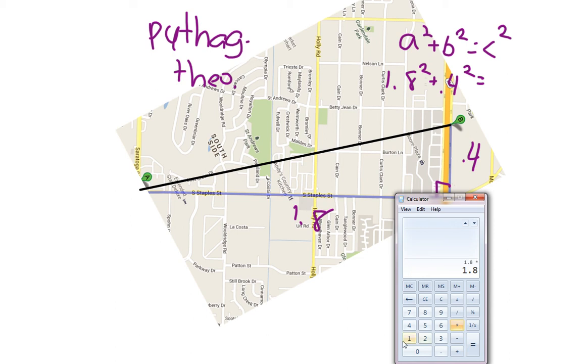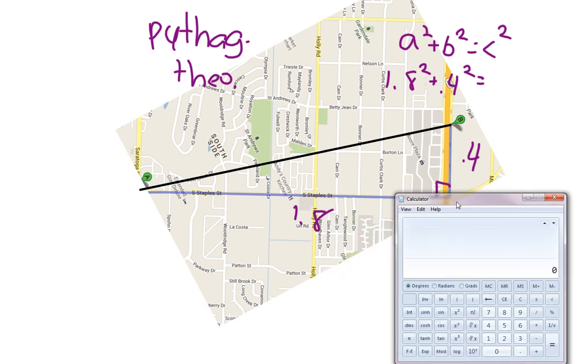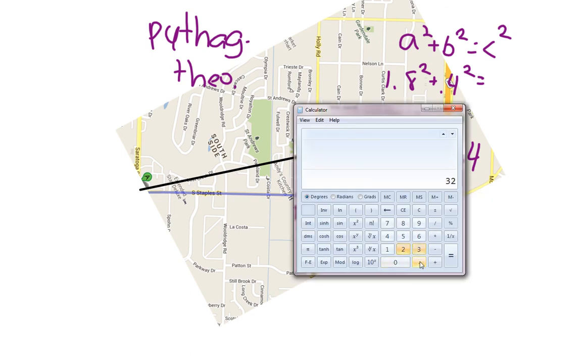I don't have a square button on here. That's lame. Okay, so that's 32.4 plus. Do I even have a parentheses button on here? This is the stupidest calculator. Oh my goodness. 0.4 times 0.4. Why am I working that out? That's 0.16. Woo! This is the worst day. My mouse isn't working.